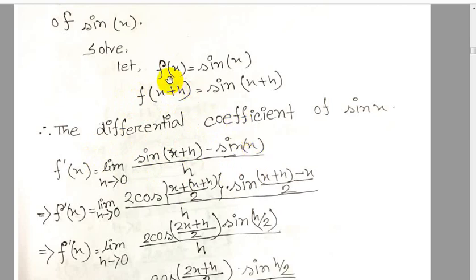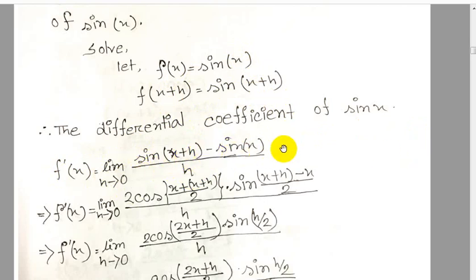So again, f of x equals sine x, and f of x plus h will be sine of x plus h. We just replaced x by x plus h. So the differential coefficient of sine x will be termed f prime x, which is limit h tends to 0 of sine of x plus h minus sine x, divided by h. This is sine c minus sine d.